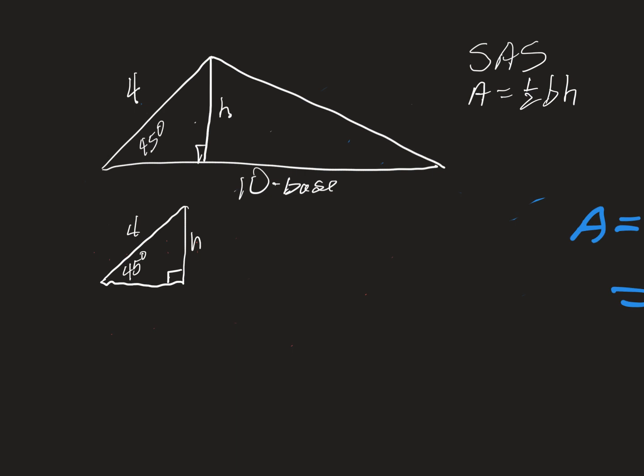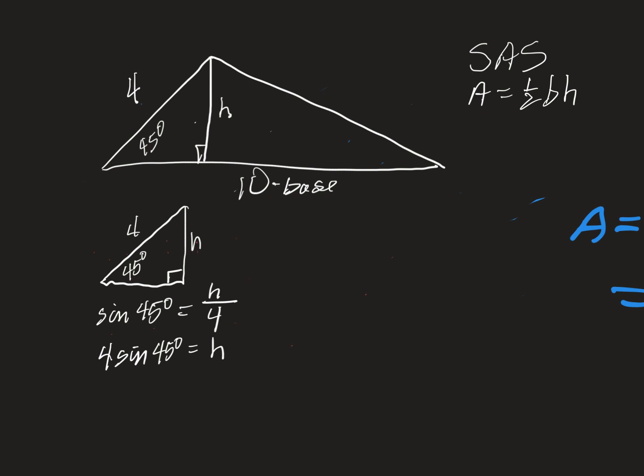In this case, I can say the sine of 45 degrees is equal to the opposite height over the hypotenuse 4, and I can then solve for the height. So I get 4 sine of 45 degrees is equal to the height.